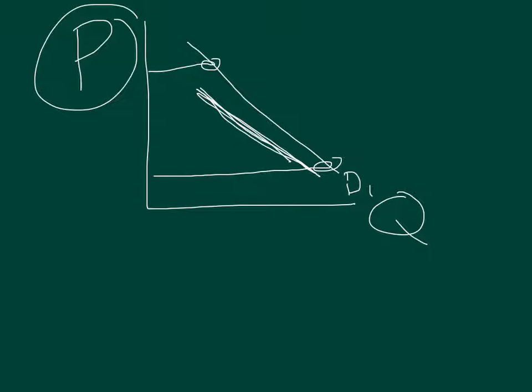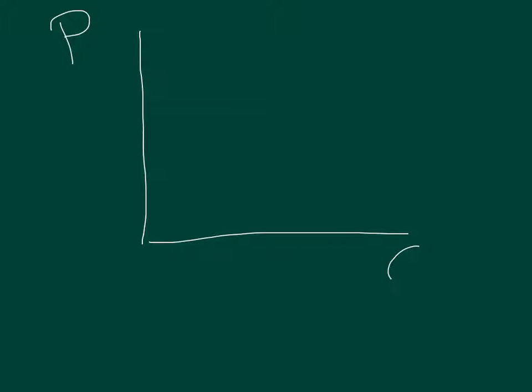other things will shift demand curves. What have we learned here? We've learned that demand curves equate price and quantity demanded, and along the demand curve line, if price changes, quantity changes. And the higher the price, the lower the quantity.